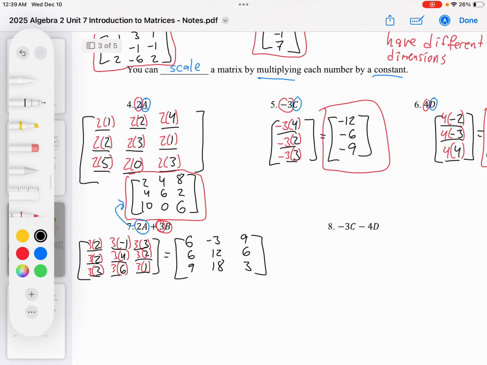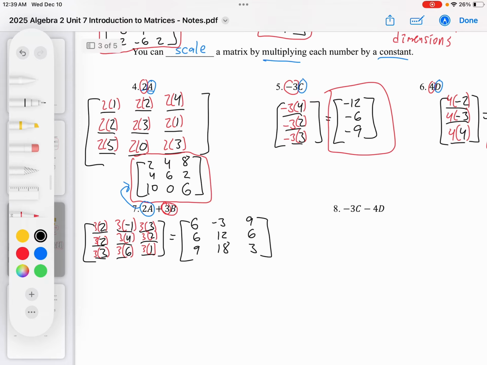So we're going to take what we got for this 2a in question 4, and then we're going to add it to this 3b that we just found. I'll put the 2a in blue and the 3b in red. So we are going to be adding the 2 from the 2a plus the 6 from the 3b.